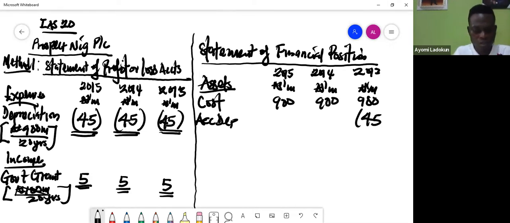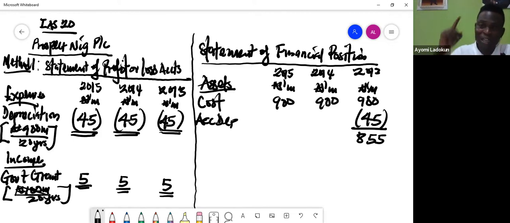It's going to give me 855. Then in year two, because I maintain a constant figure. If I'm not maintaining a constant figure, this 855 will be the current amount in year two. Is that okay? So you can do it that way. Maybe I'll also do it for you, but let me finish this. But when I come here, I will now accumulate it. That means in year two, it would have been 90, 45 plus 45.